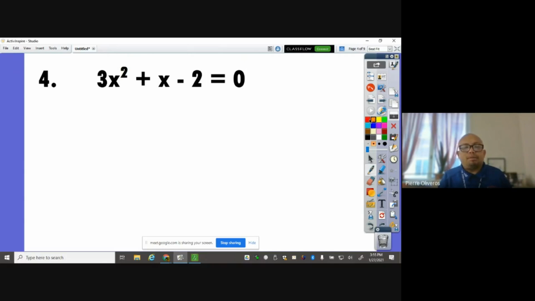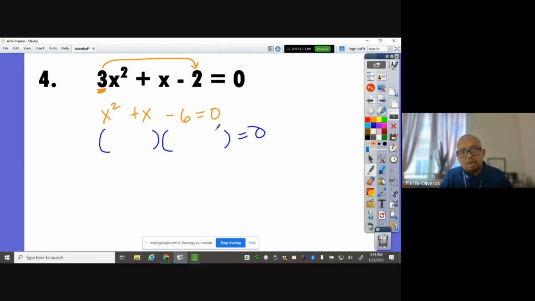This time we have 3x squared plus x minus 2. We cannot apply baby factoring, but we can do the big boy factoring by multiplying 3 to the negative 2. That gives us x squared plus x minus 6 is equal to 0. Now we can apply the baby factoring here. This will give you x and x. What two numbers, when you multiply them, give you negative 6.